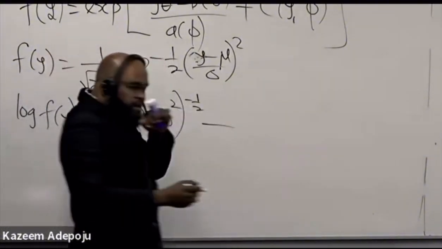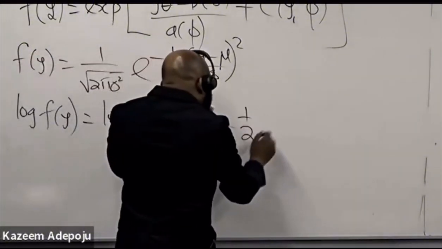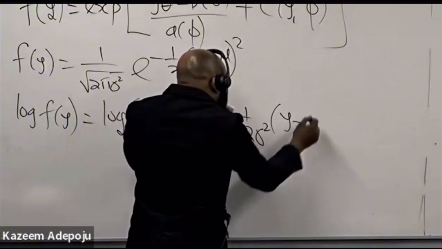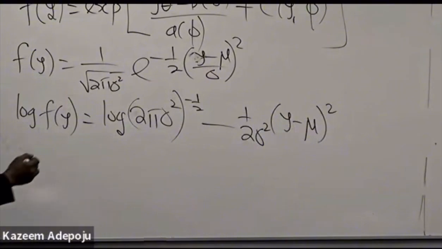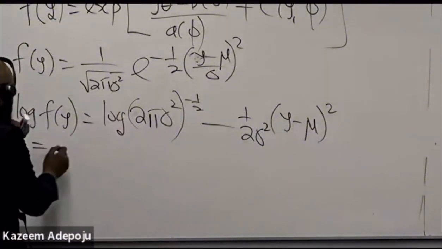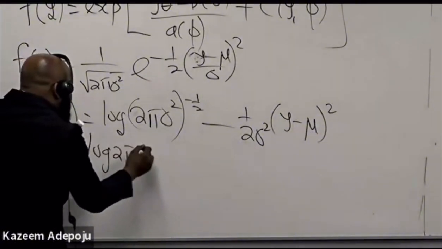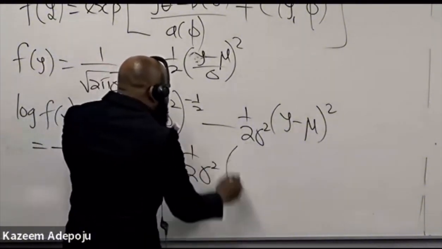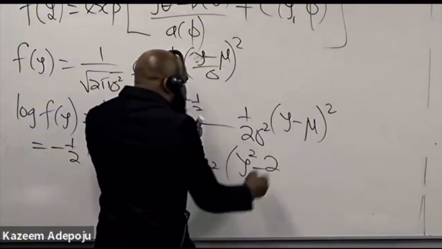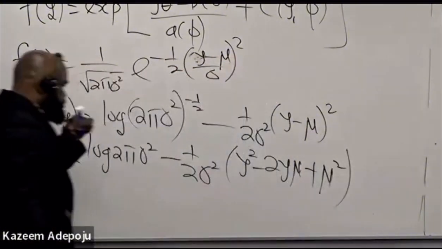The log that I'm taking is a natural log of, I can rewrite this as this, y minus mu squared. Now, if you take a look, I can rewrite this as minus half log 2 pi sigma squared minus 1 over 2, that there's got to be y squared minus 2y mu plus mu squared.